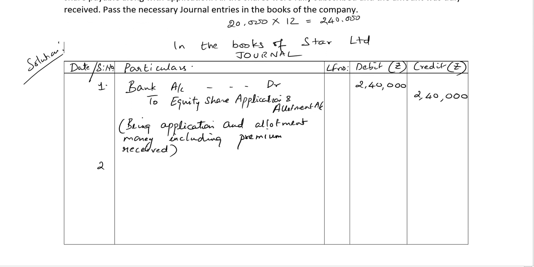The next journal entry is at the time of allotment of shares.